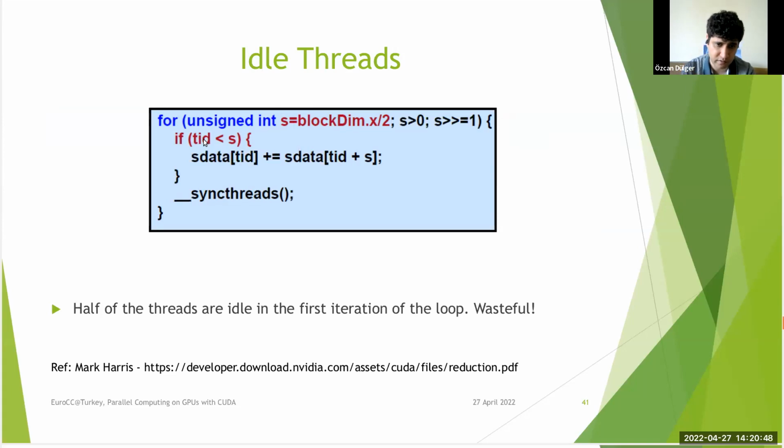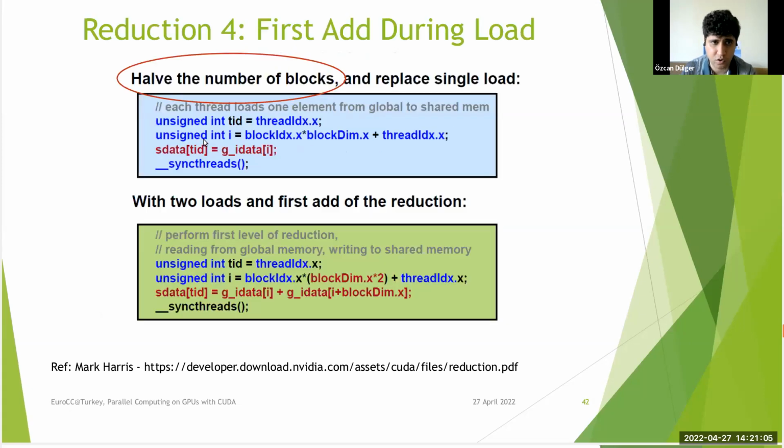So the second half of the threads in the block are idle in the first iteration. So this wastes the resources of the GPU. This is very important. So how can we overcome that problem?